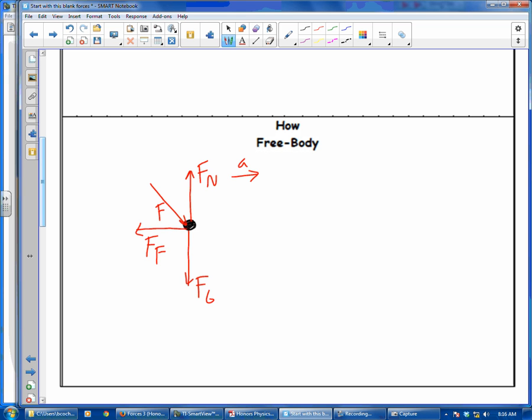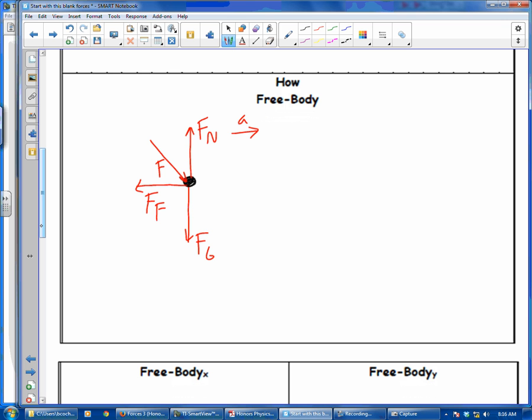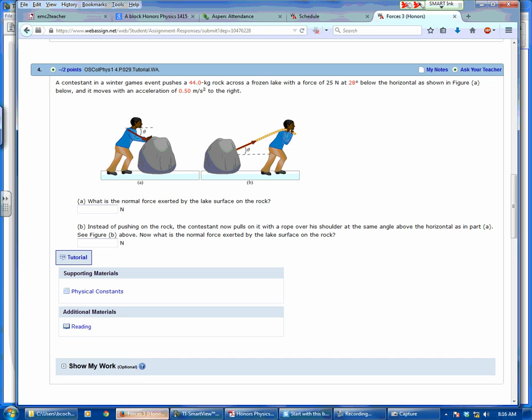So that would be my free body for part A. The only one that's in both X and Y is that F. And let's see where they tell me my angle is. Angle's up there.